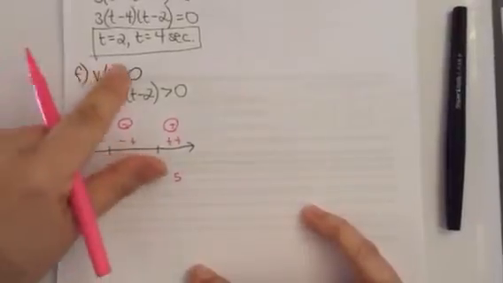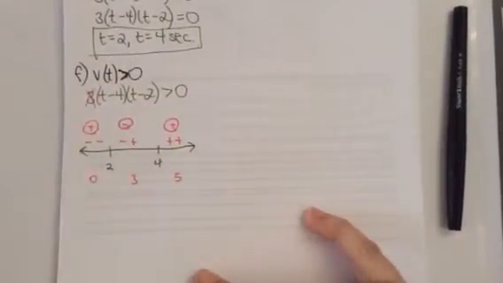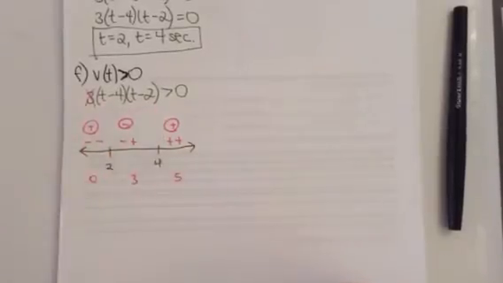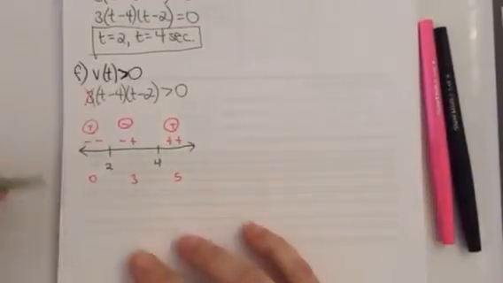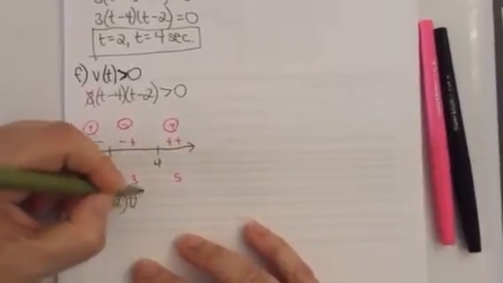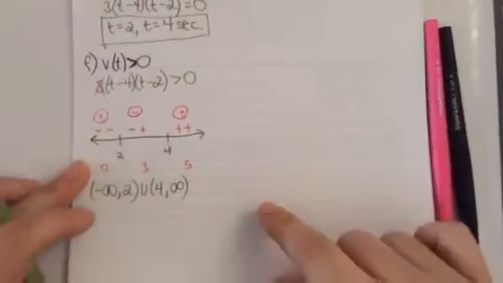So this tells me that this velocity function is positive to the left of 2, negative between 2 and 4, and positive to the right of 4. So this question was saying when is the particle moving in the positive direction, so we're only going to include the positives. We don't want to include the 2 and the 4 because remember that was where the velocity was equal to 0, and 0 is not positive.